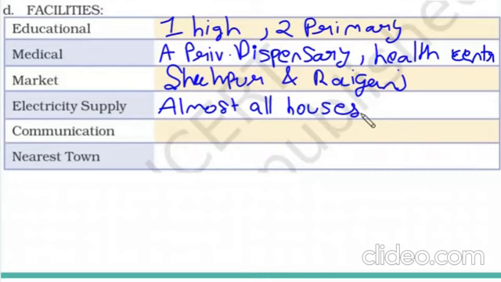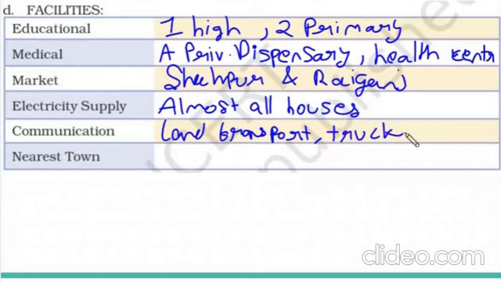Communication is there through land transport, correct, through various vehicles as well, for example trucks, even jeeps, auto rickshaws, tonga walas. All of these are used for communication through the land route.